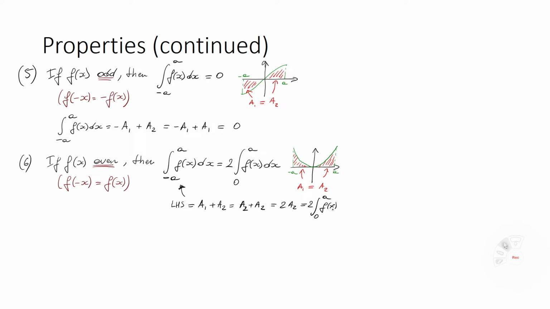Now another useful property is the so-called King's rule. And King's rule, what it basically says is that it doesn't matter if you integrate from the left to the right or from the right to the left.